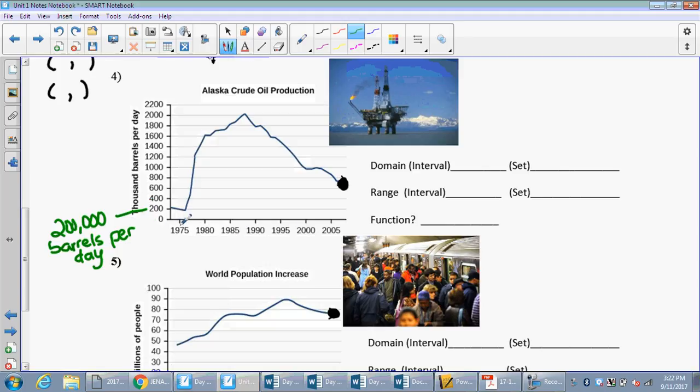Notice 1975 is here, and it counts. This isn't 1976, it's 1980. So if I look, 75, 80, 85, 90, 95, the years are going up by 5s. So if I were to go backwards, roughly this much space, that's kind of not quite the same amount as 5 years, maybe 1973? 1972 would also be acceptable, roughly there.